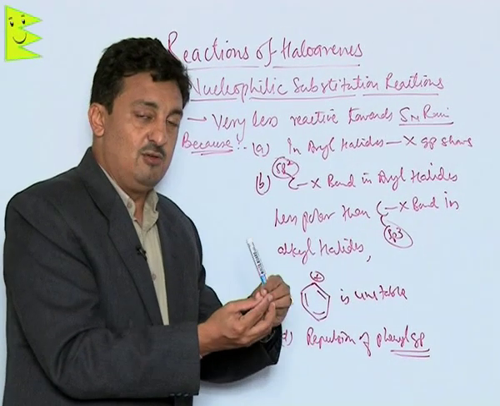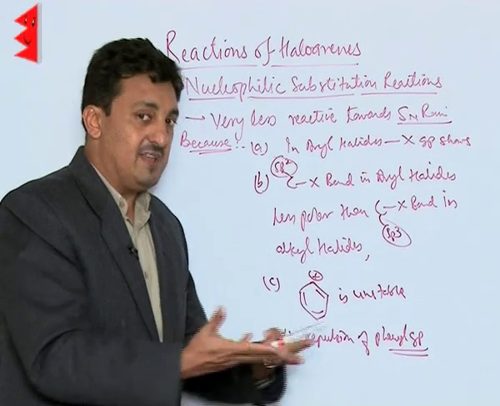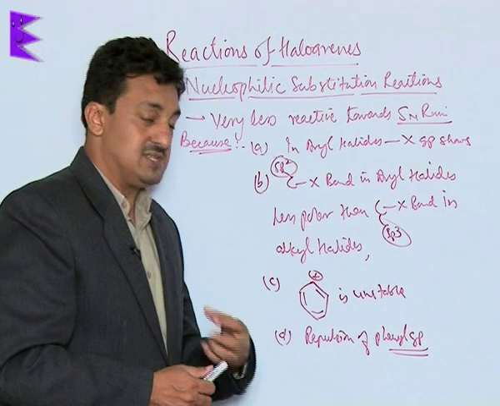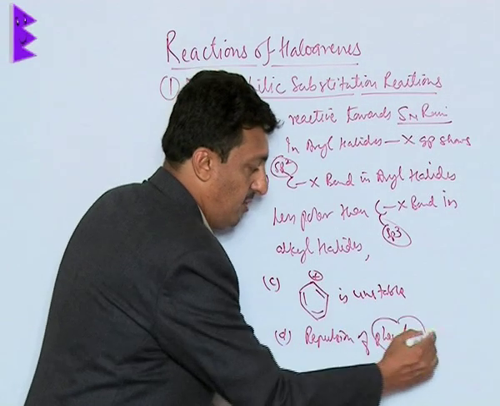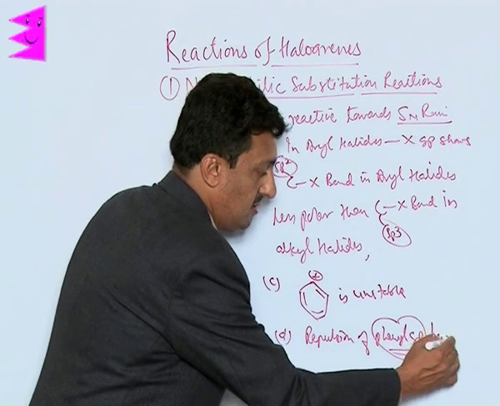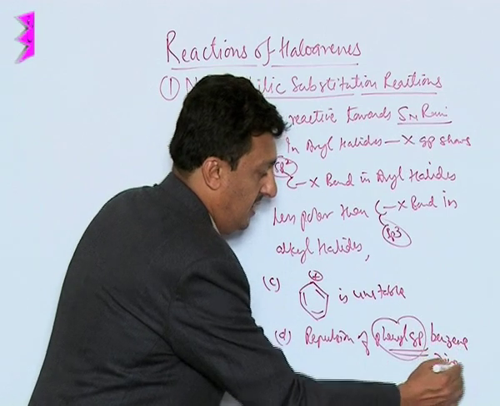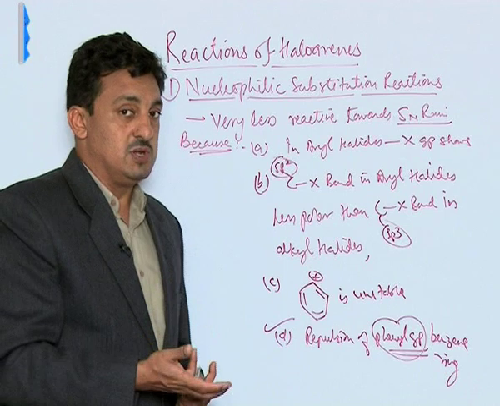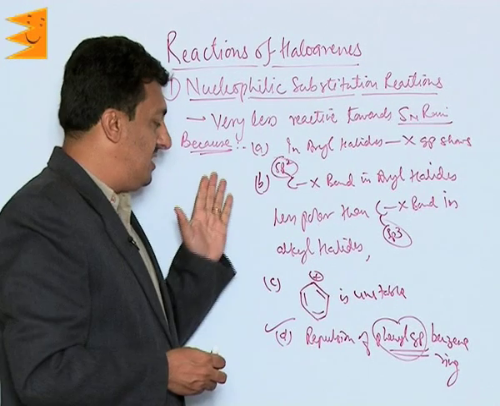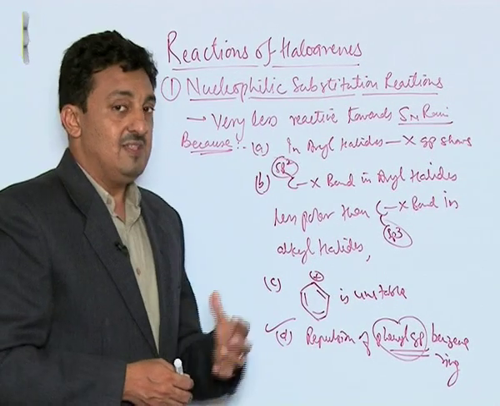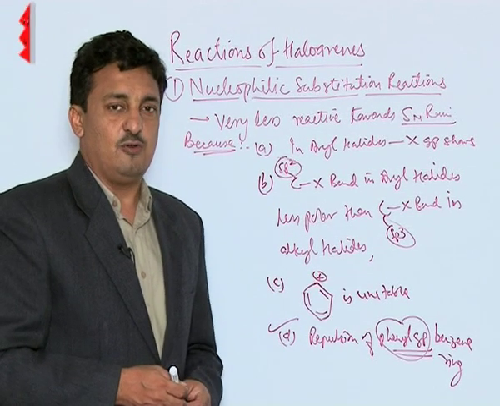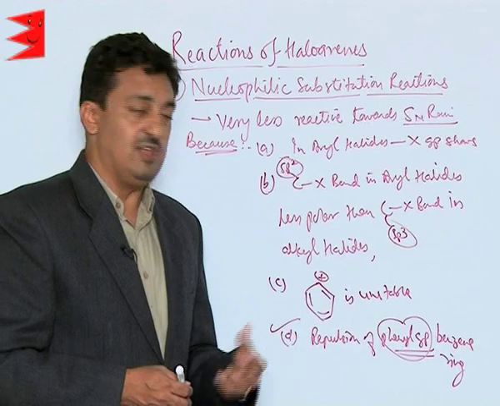Therefore, a negatively charged nucleophile will always be repelled by this benzene ring or phenyl group. That is why, due to these repulsions, they again have a lesser reactivity towards nucleophilic substitution. So all these reasons together contribute to aryl halides having very little tendency to show nucleophilic substitution reactions.